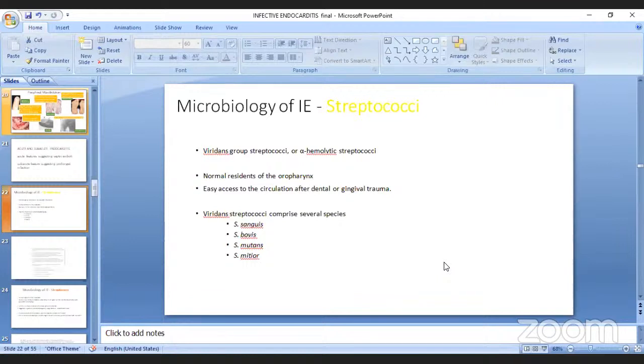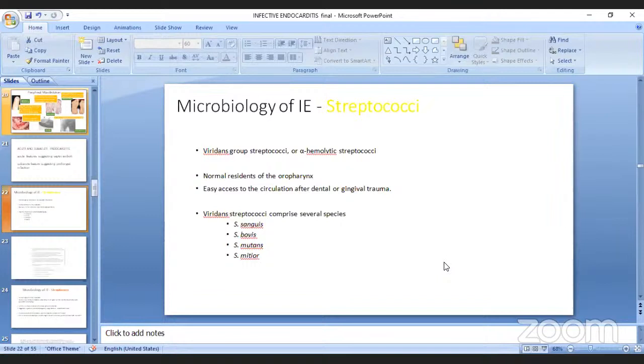Now the examiners are very clever. They will not mention Streptococcus viridans. They will say all of the following are causes, and they will mention S. bovis, S. sanguis, S. mutans, S. mitis. So this is how they'll try to confuse you.